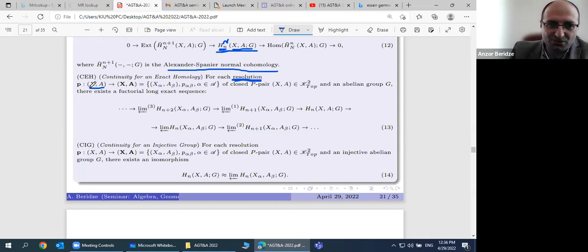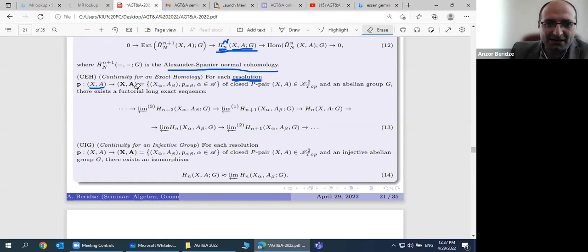But if we take a resolution of this pair, maybe not an inverse limit, then we have such a long exact sequence. What does it mean? If this is a 0 and this is a 0, then the remaining part will be the Milnor short exact sequence. And this is true for compact topological spaces, but in general topological spaces, we need higher derivatives as well. So this is a generalization of the Milnor short exact sequence.